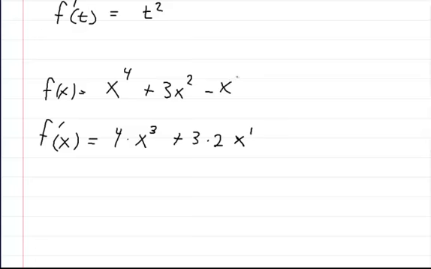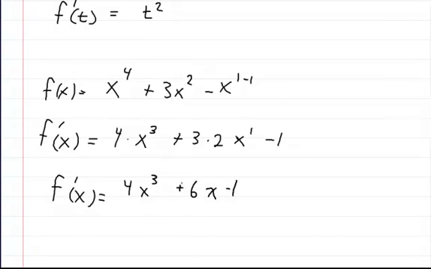And then here I'm going to bring down the 1, which just leaves you with a -1, and then if you subtract 1 from here, 1 minus 1, you're going to get 0, so you're going to be left with that -1. So the derivative of f of x is going to be equal to 4x cubed plus 6x minus 1.